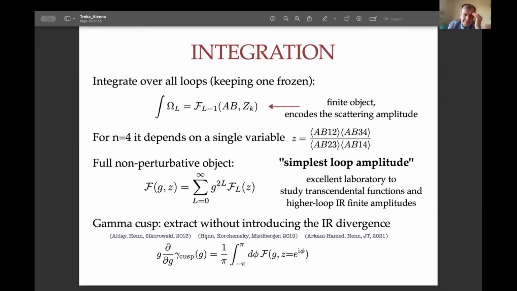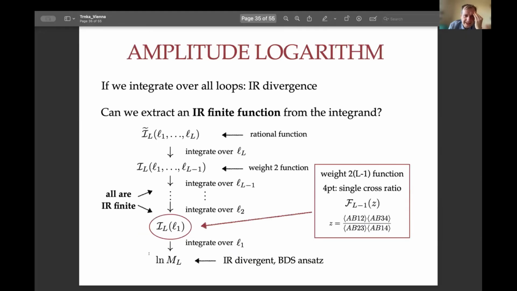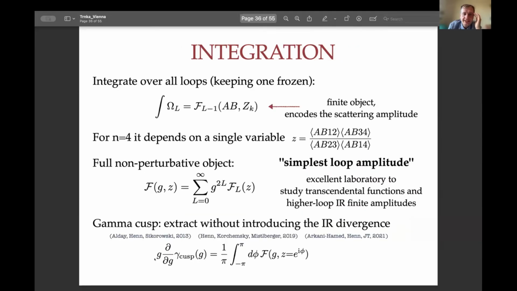Now, we would like also to get to this gamma cusp, which is a leading IR divergence of this object, not this one. So that seems a little bit unfortunate because we worked so hard not to introduce any IR divergence, and then we eventually are interested in the coefficient of IR divergence. Fortunately, there is a formula how to extract the gamma cusp from this f function without introducing any regulator.